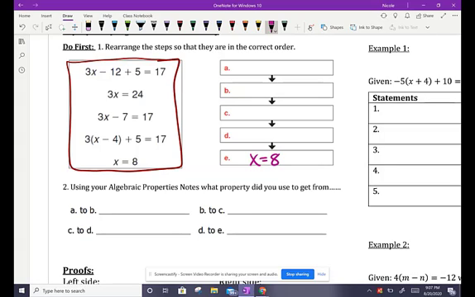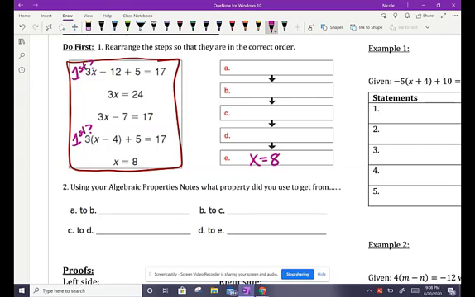And so I have to think about, where would the starting point be? Would this be first, the 3x minus 12 plus 5 equals 17? Or would this be first, the 3 parentheses? We're trying to go from the least broken down version of this and then break it down.